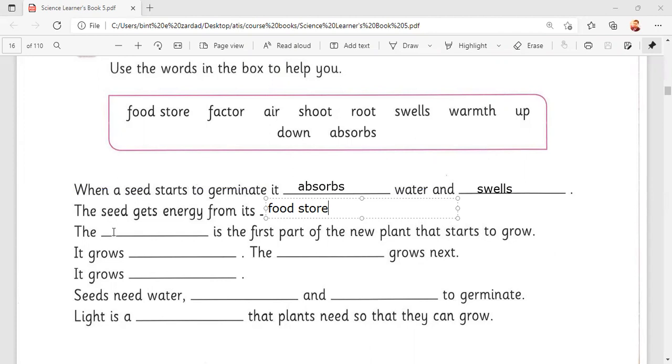Obviously, the root is the first part that grows. Roots grow downward. The dash grows next, and it grows up.